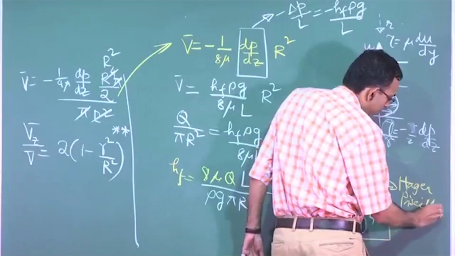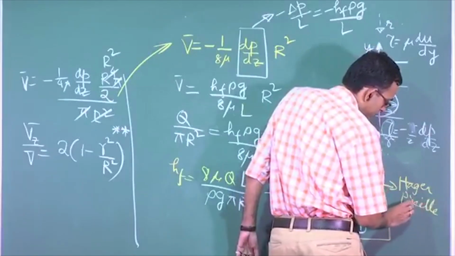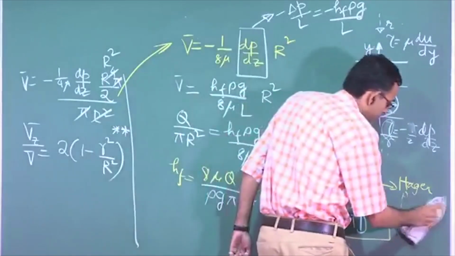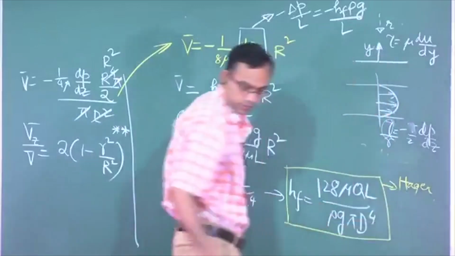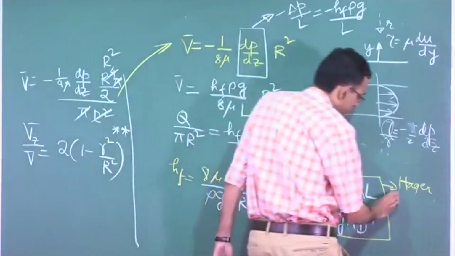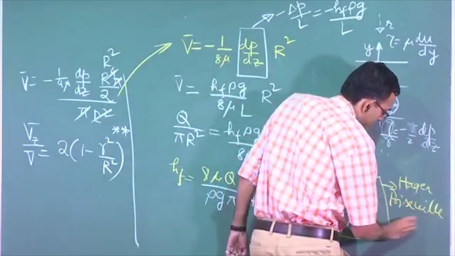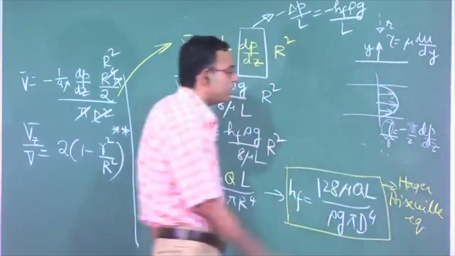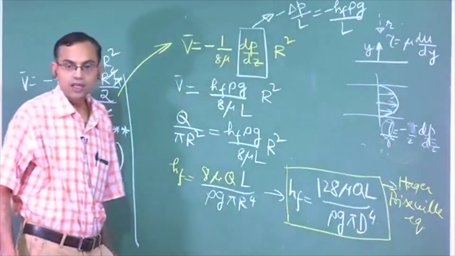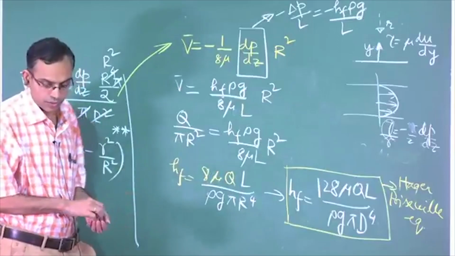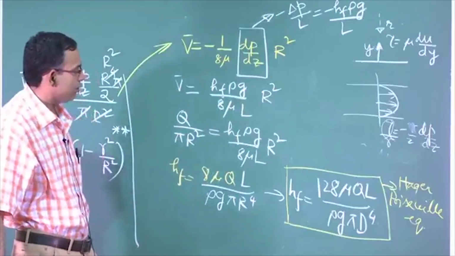The corresponding flow is Hagen-Poiseuille flow, and this equation is Hagen-Poiseuille equation. So, what do we get from here?